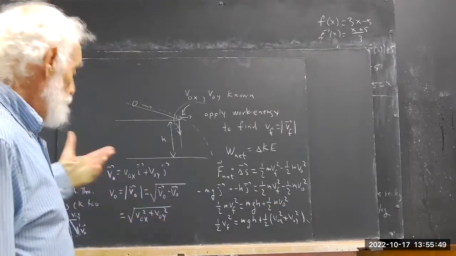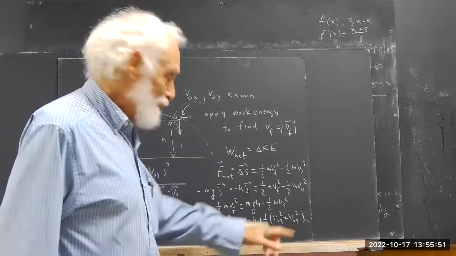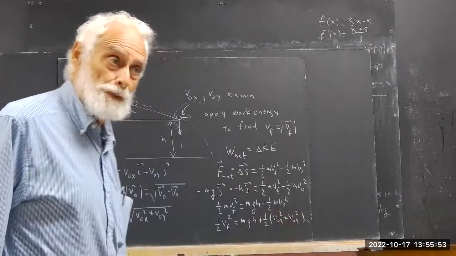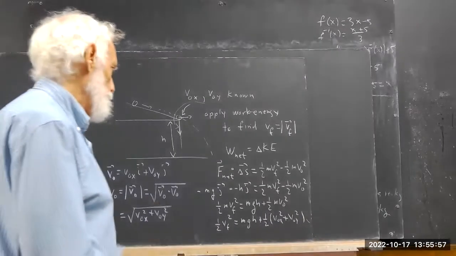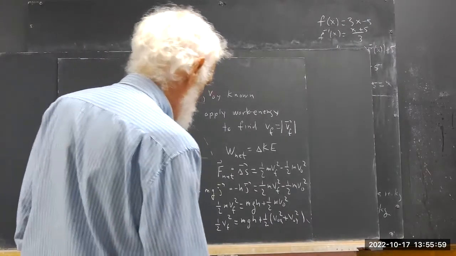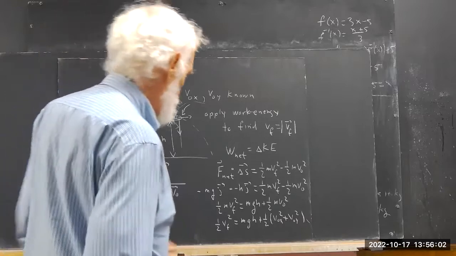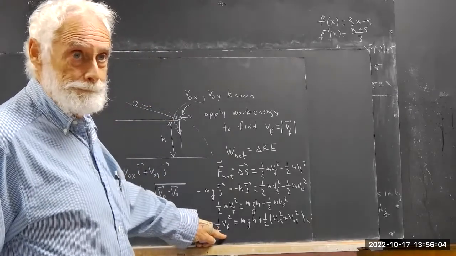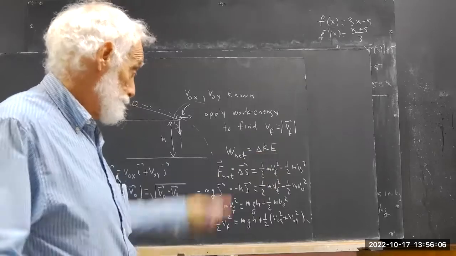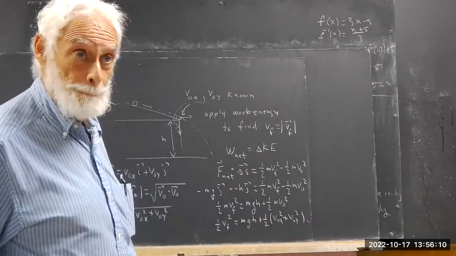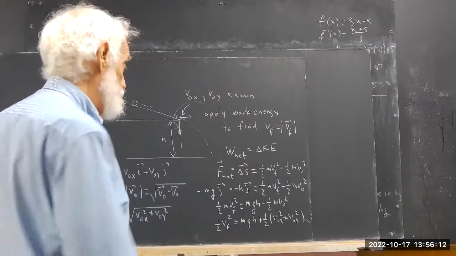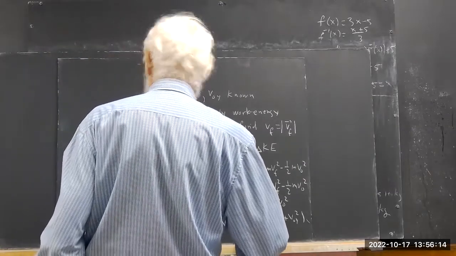That's right, v naught squared is v naught x squared plus v naught y squared. That's your Pythagorean theorem. That's really what you're probably going to think, but I wanted to illustrate. At this point, just multiply by 2, take the plus or minus square root. I'm just going to write etc. down here.